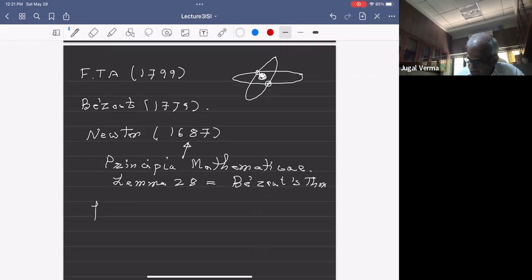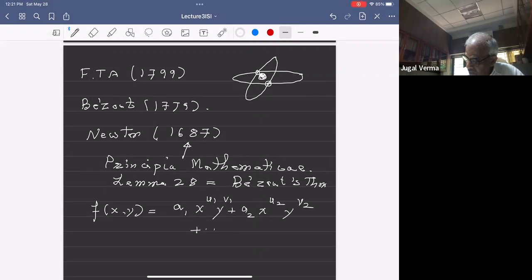Yeah. So suppose, I'll first explain in terms of a bivariate polynomial. Suppose I have a polynomial in two variables: a1 x^u1 y^v1 plus a complex number a2 x^u2 y^v2 and so on.